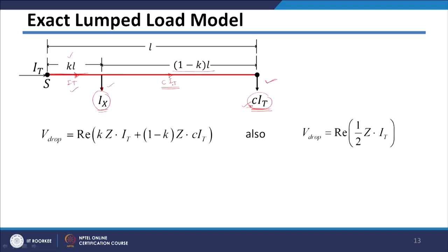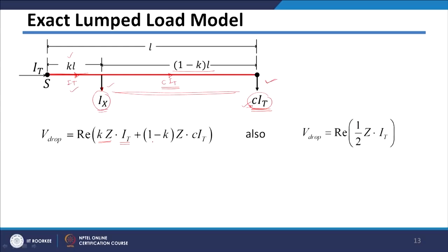So, if you calculate voltage drop, it will be real part of voltage drop happening in first section plus real part of the voltage drop which is happening in second section. So, real voltage drop which is happening in first section will be impedance which is K multiplied by Z, and current in first section we have seen IT.